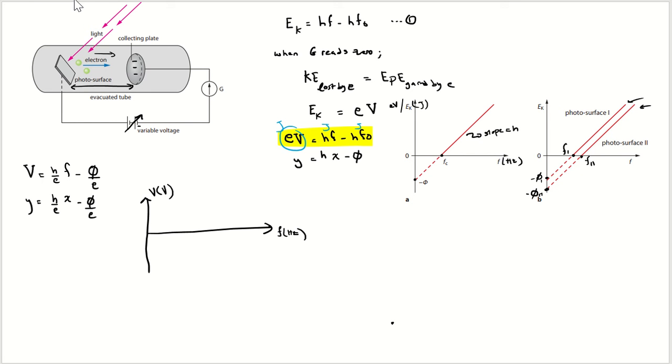In this case, the graph will look like this, where the intercept is minus phi over e, and the intercept on the x-axis is exactly the same, the cutoff frequency, but the slope is equal to h over e. And if you choose photo surface 1, which has a lower cutoff frequency, it will be exactly parallel to the first one, but the work function will be less and the cutoff frequency will be less.